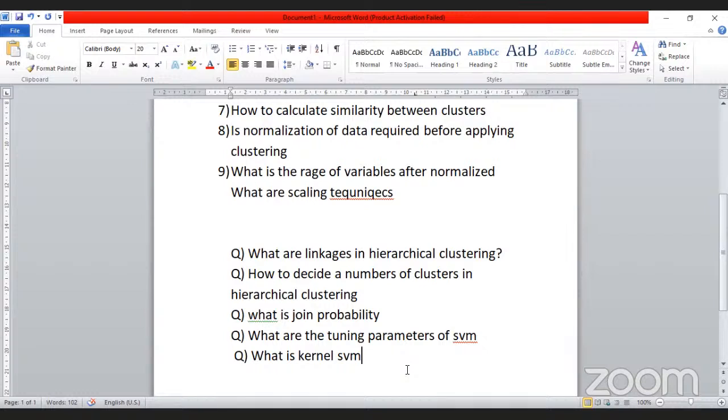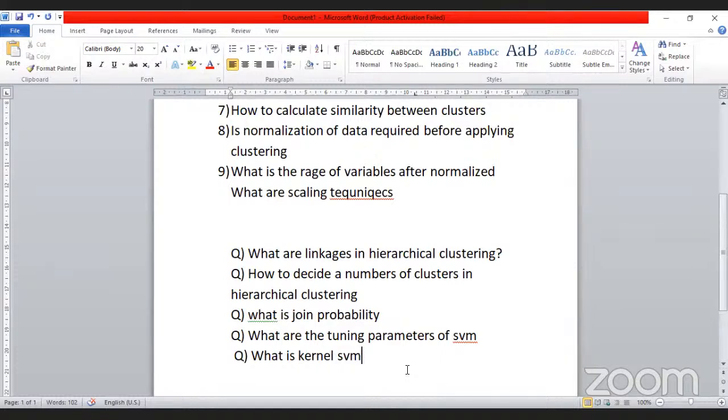See, when we have data that is not easy to divide with a hyperplane, we will convert that data to 3D data. For example, we have 2D data, we can convert it into 3D data in such a manner that we are able to divide our data with a hyperplane, right? This is the way kernel techniques work.